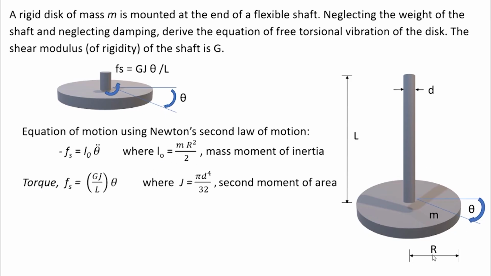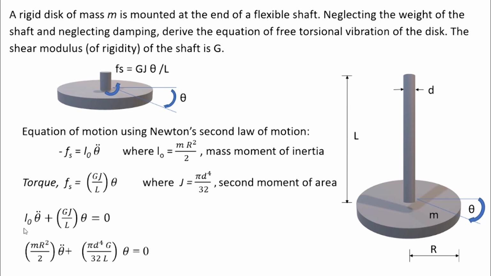We have the dimensions of this structure. So now we can write this equation of motion as I naught theta double dot plus GJ by L theta is equal to 0. This is the equation of motion. We can substitute the value of mass moment of inertia and the second moment of area, and we get the expression for our equation of motion as this.